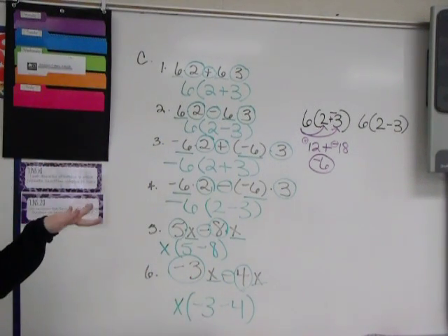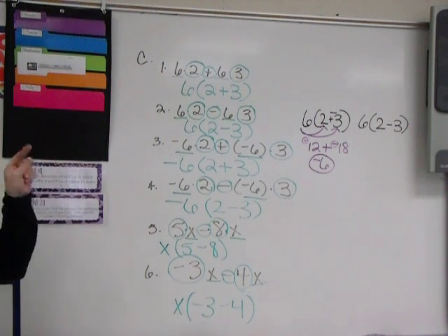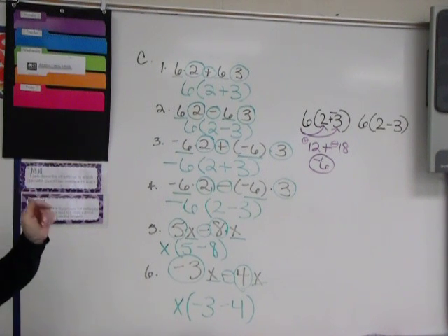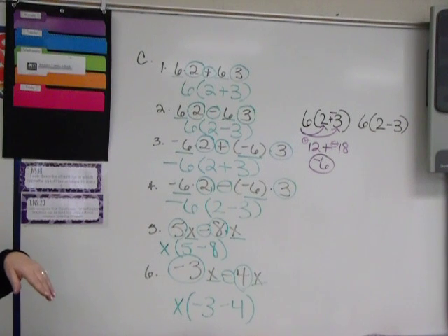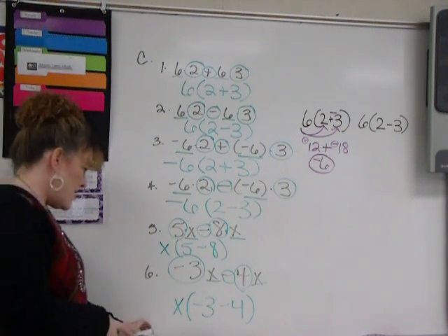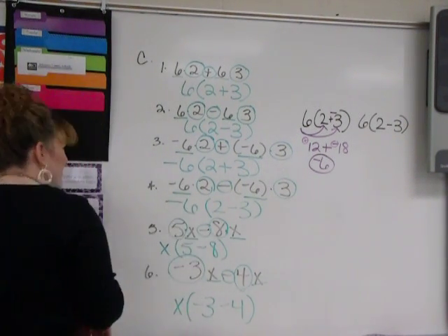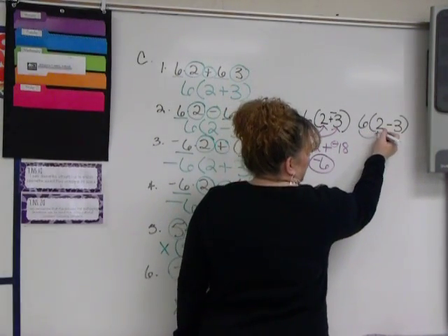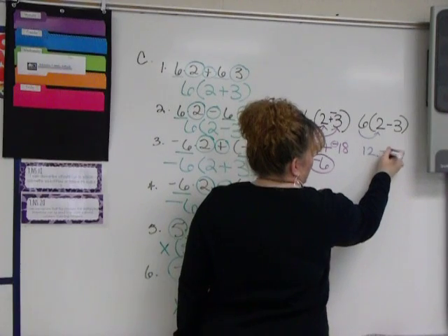So in this particular one, I took care of my subtraction up top. That was the very first thing that I did. If you don't take care of it there, you've got to take care of it somewhere else. And we did that in B. So if we have to take care of it somewhere else, then this is where it's going to have to be. 6 times 2 is 12.